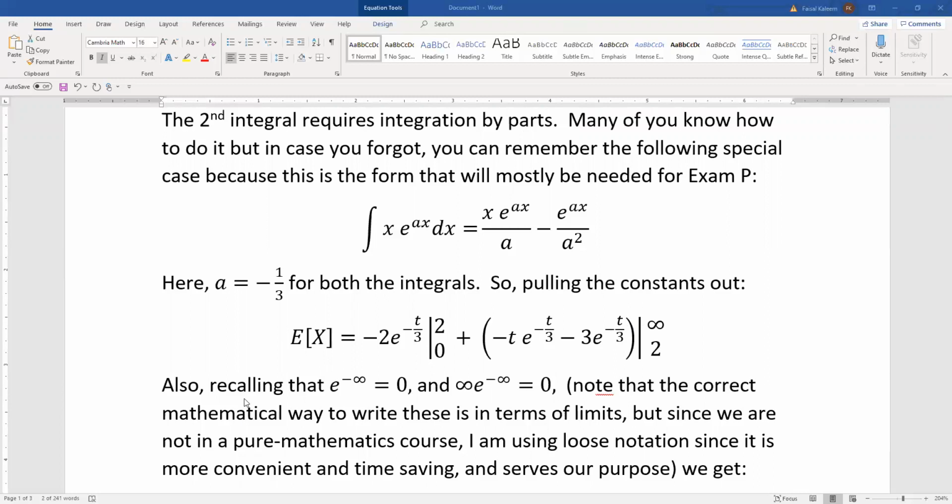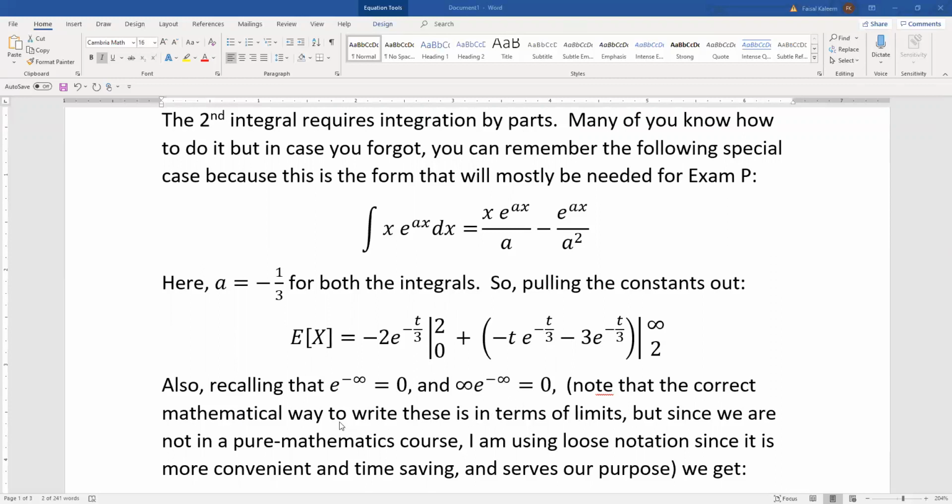Now we recall that e to the negative infinity is 0, which is what we'll need when we substitute infinity here. Similarly, over here we need to know what infinity times e to the negative infinity is, and that's also equal to 0.